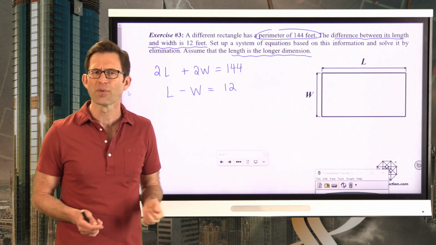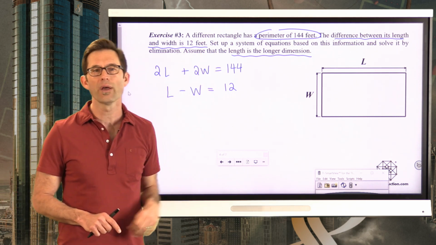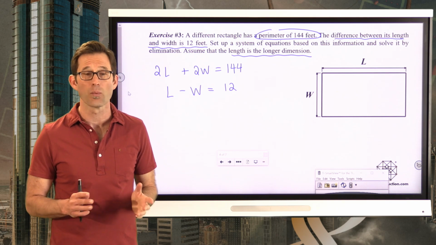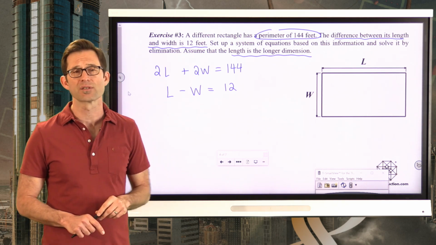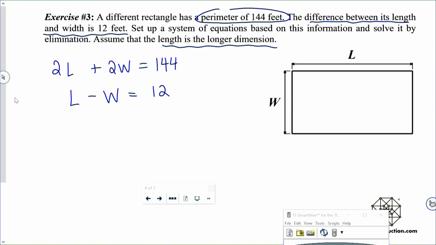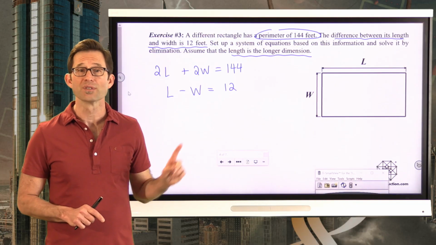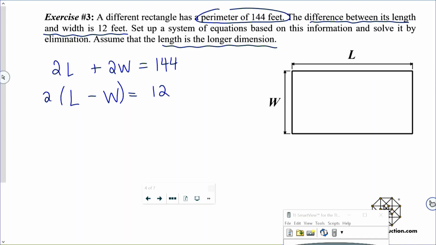So I need to get something to eliminate, which means I need to multiply one of these equations by something that will produce additive opposites that will cancel. I'd like you to pause the video and see if you can solve this system by using elimination. All right, what I'm going to do is take this second equation and multiply both sides by 2.